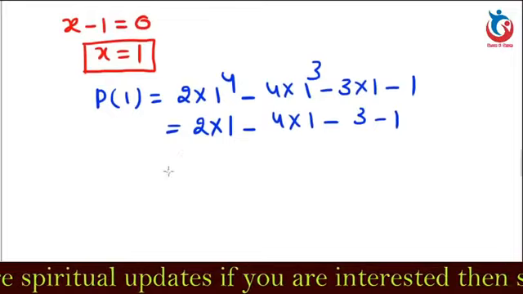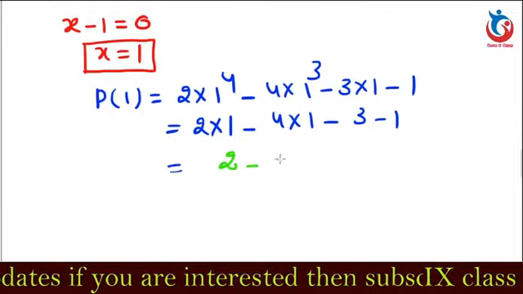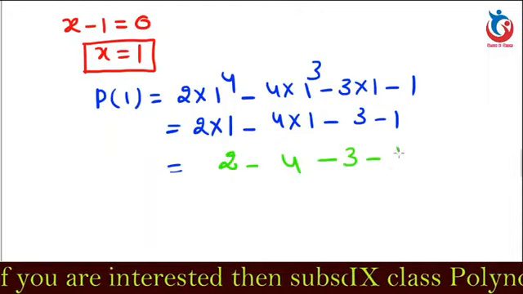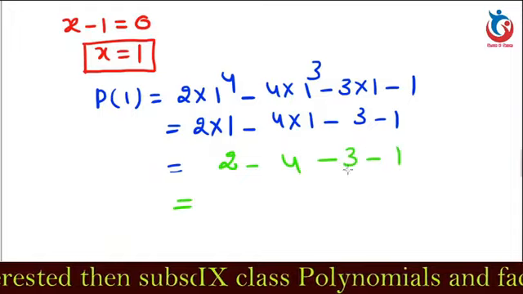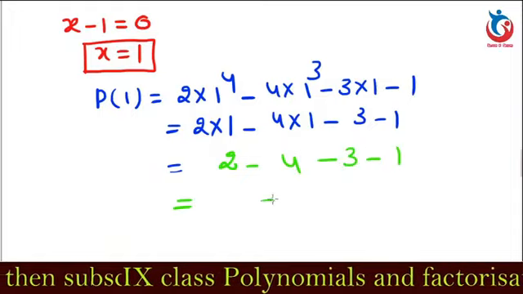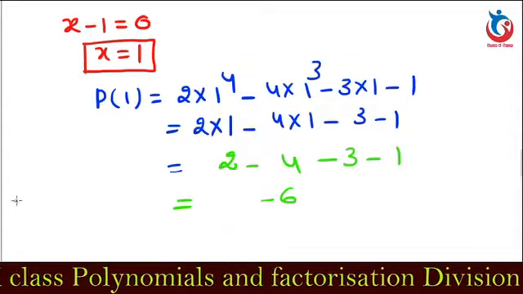So 2 into 1 is 2, minus 4, minus 3, minus 1. So 2 minus 4 is minus 2, minus 2 minus 3 is minus 5, minus 5 minus 1 is minus 6. So this is only the remainder.